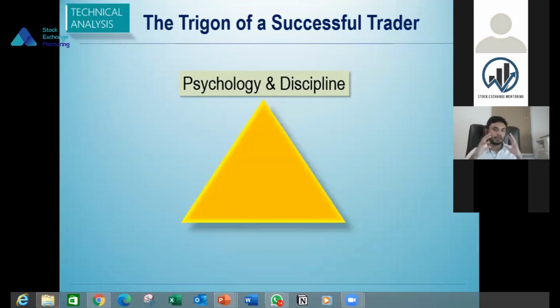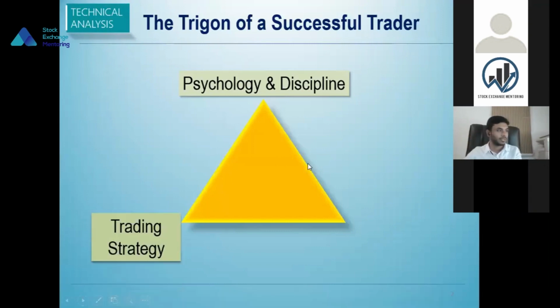You need to control your fear and greed and execute your trade plan and strategy without any emotional imbalance. To do that, you should have a strict discipline to execute your trade plan without any issues.